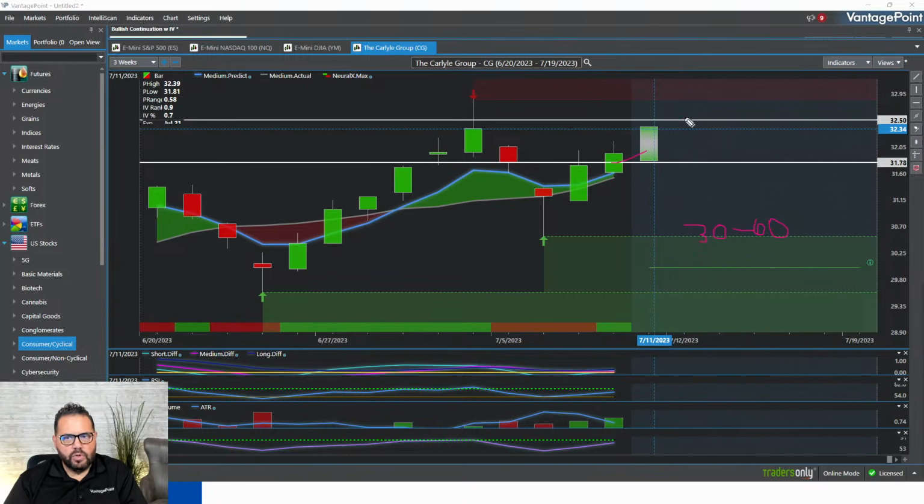So if this thing moves higher and you hit your profit target according to your trade plan, you could sell that option even though you set your expiration out 30 to 60 days. I like the 45 to 60 day mark personally, because setting your expiration out that far gives that option enough time to mature, but also slows down time decay.